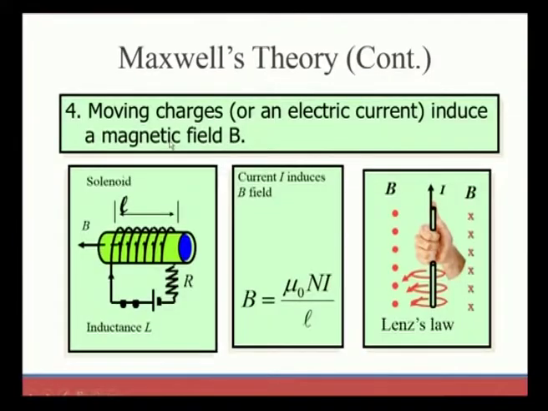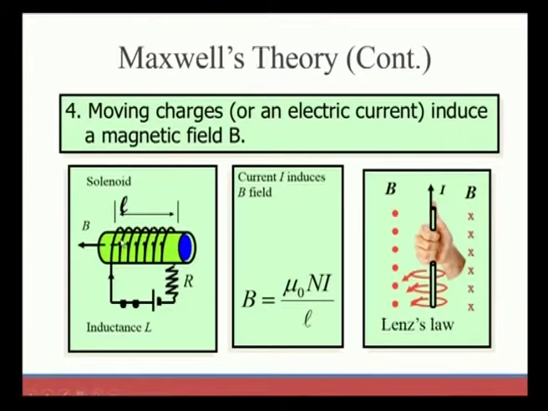The next important theory, which is helpful for Maxwell's equation proposal, is that a moving charge induces a magnetic field. A few turns of coil wound around a conductor form a solenoid.